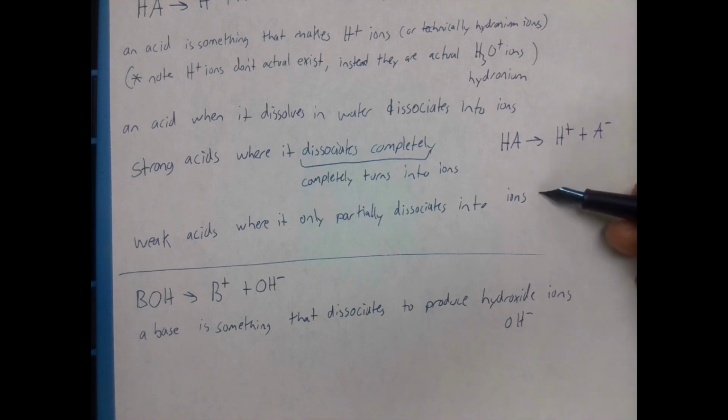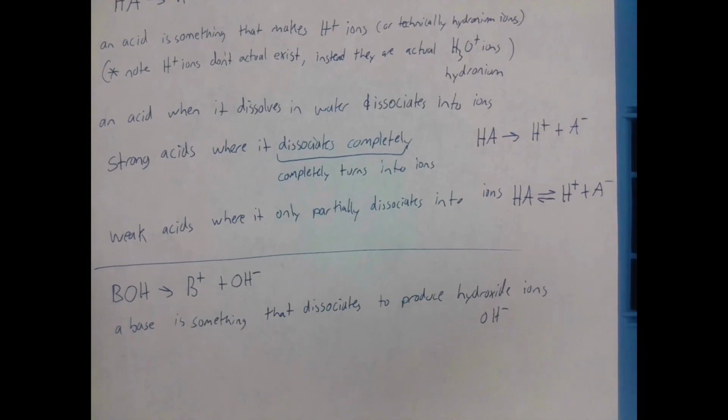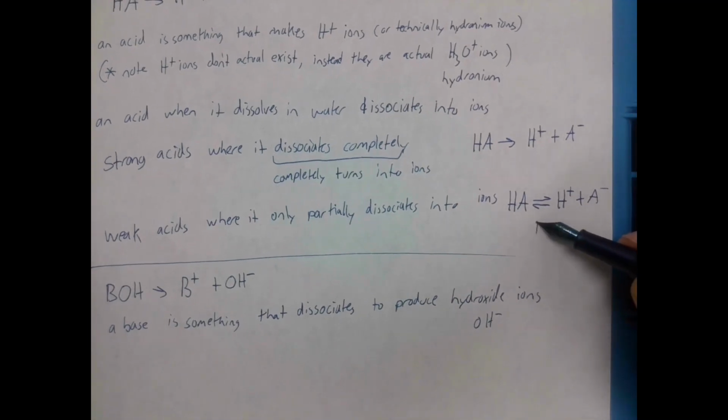A weak acid looks more like this. This symbol right here means it can go back and forth, can go both ways.